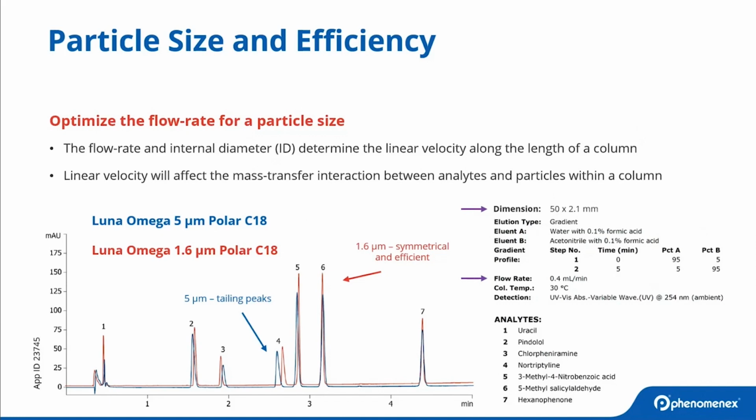Be mindful that we are using a 0.4 milliliters a minute flow rate through a 50 by 2.1 column. That's a pretty aggressive flow rate for that particular internal diameter. And as a result, that is why we see the tailing exhibited by the 5-micron particle size.